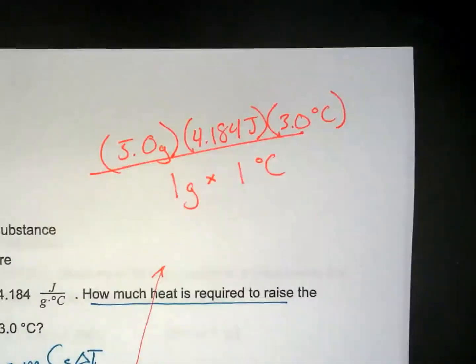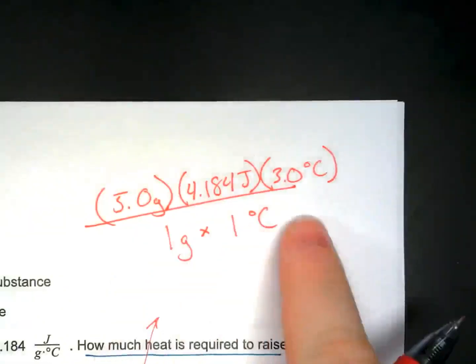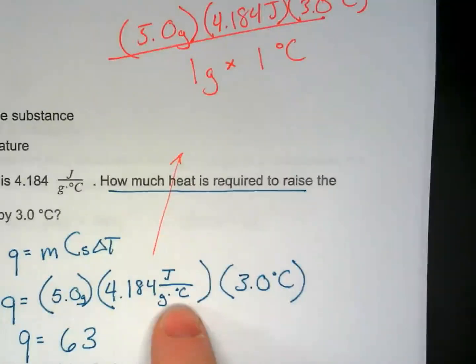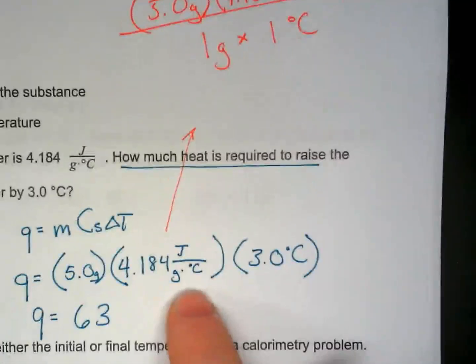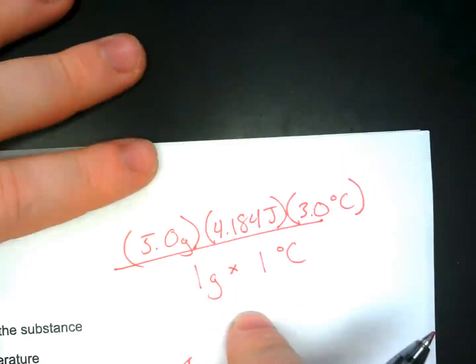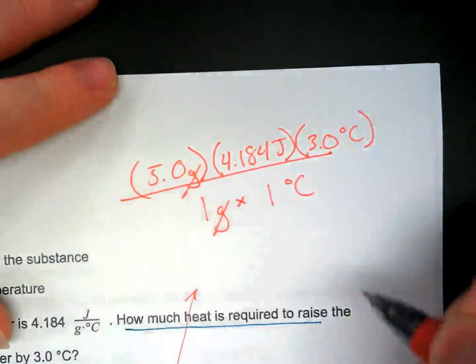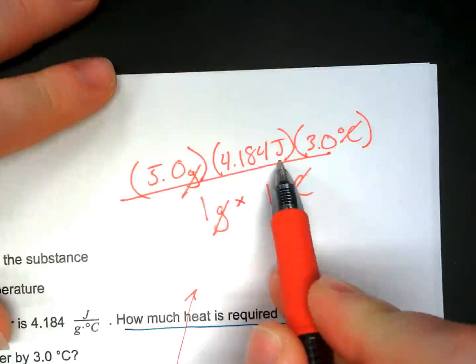This is technically what this line is showing. The units, grams and Celsius at the bottom, are being divided by the whole line. So this is how we know that this works out: grams will cancel out, Celsius cancels out, and the only units we're left with are going to be joules.